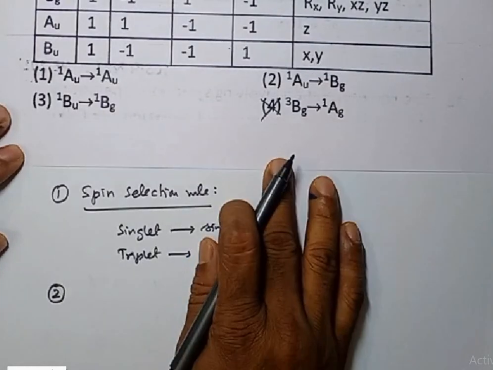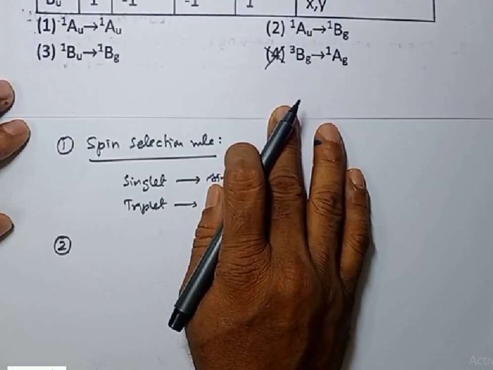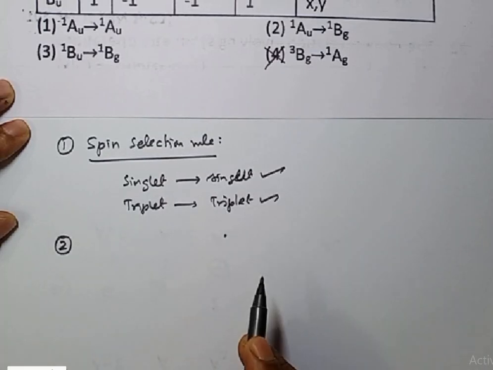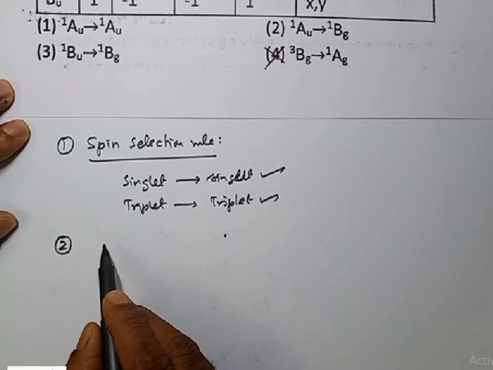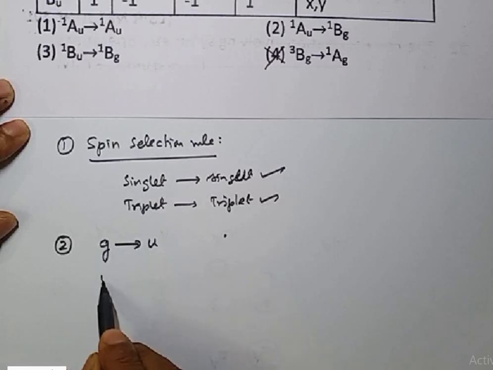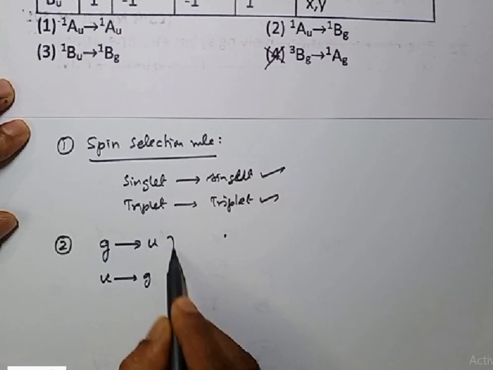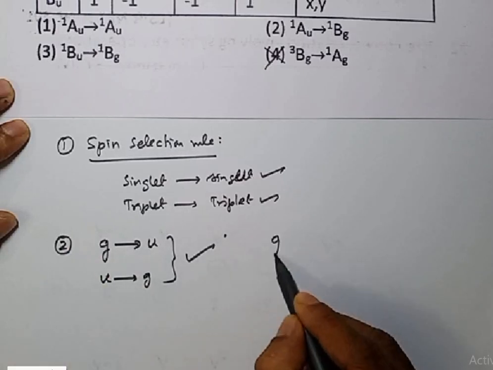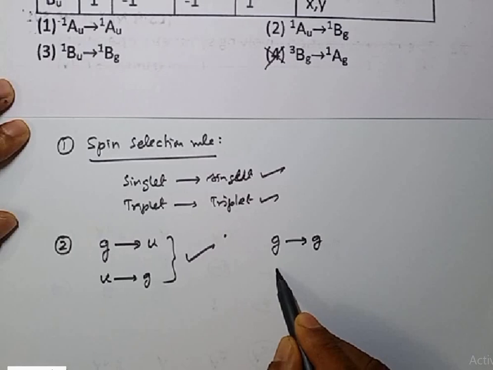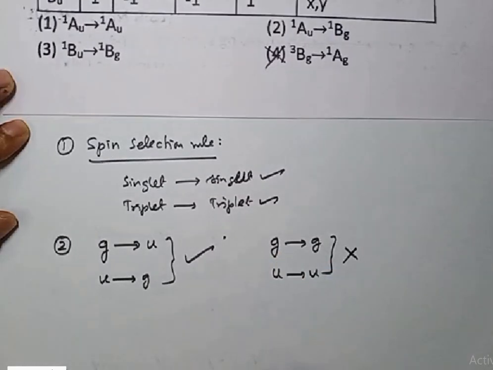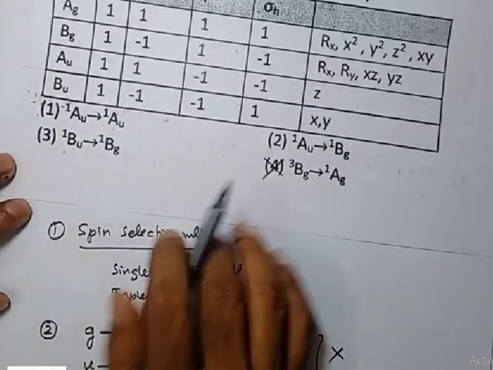Now the second selection rule is based on inversion, also called the Laporte selection rule. What does it say? Listen, gerade to ungerade or ungerade to gerade transitions are allowed. Gerade to gerade and ungerade to ungerade transitions are forbidden. So observe carefully here.